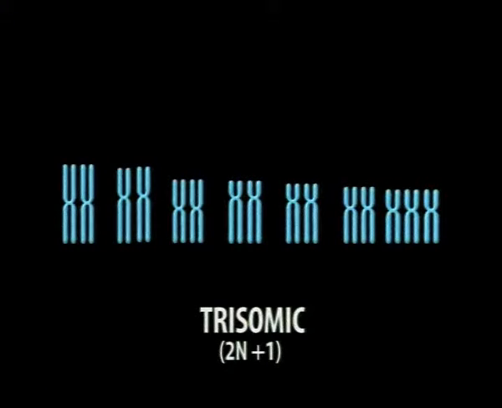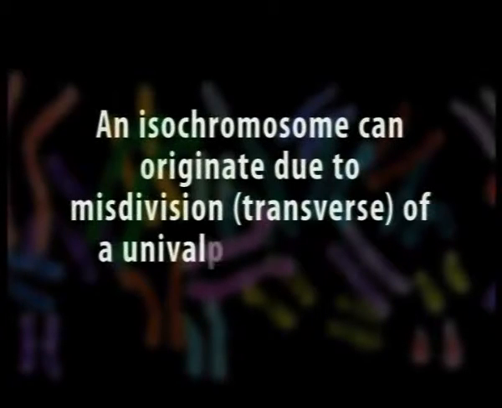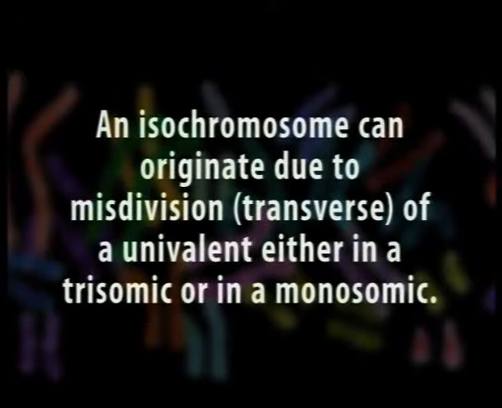Then as far as the secondary trisomy is concerned, which I said that the extra chromosome is an isochromosome. This isochromosome is basically formed in a trisomic which has an extra chromosome, or a monosomic which lacks a chromosome.